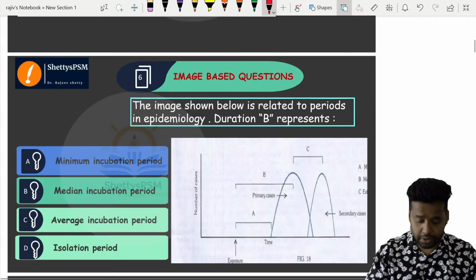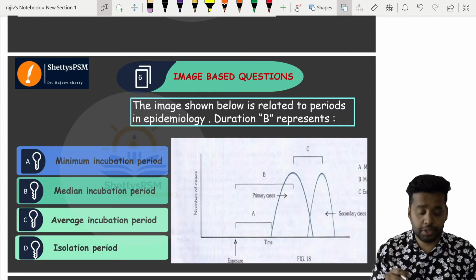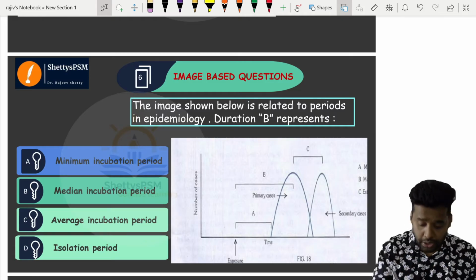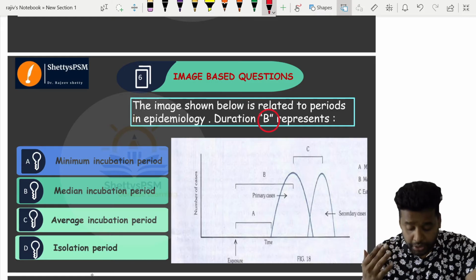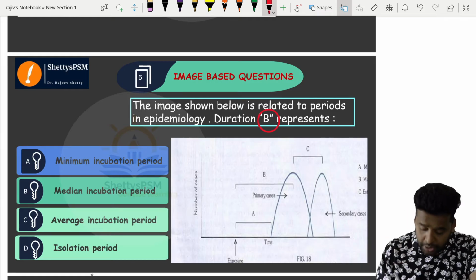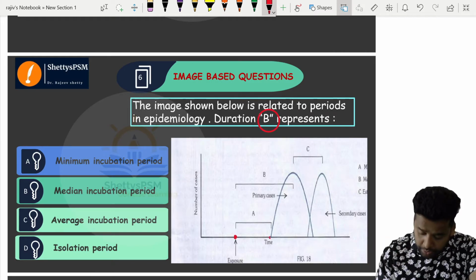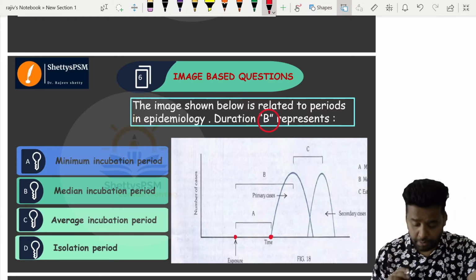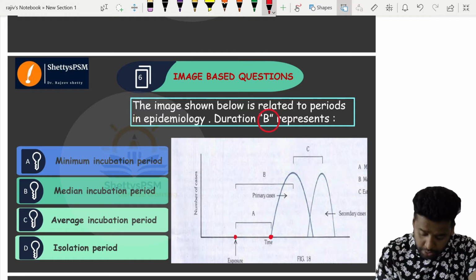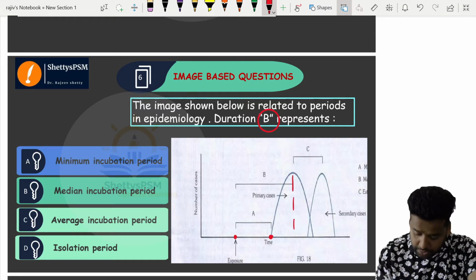See this question, good. The image shown below represents periods of epidemiology. Duration B represents what? If the question is like this, listen. From the point of exposure to 50% of the cases, this is the question.